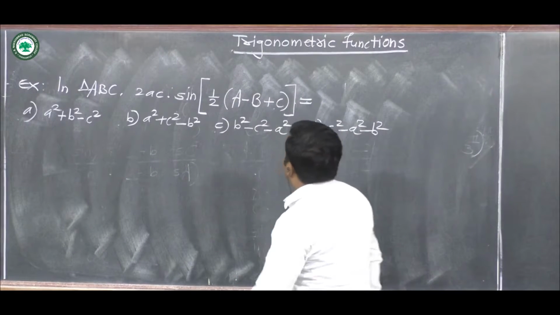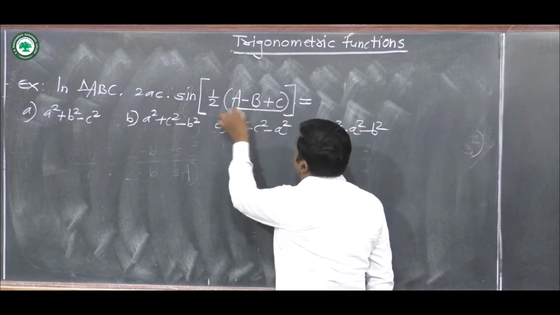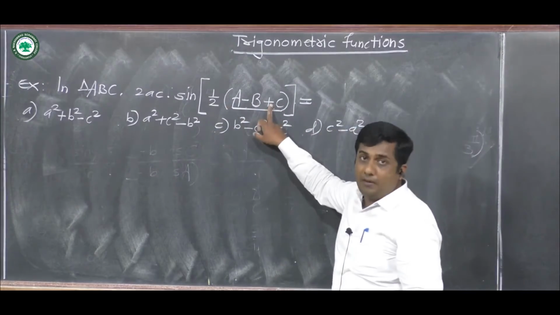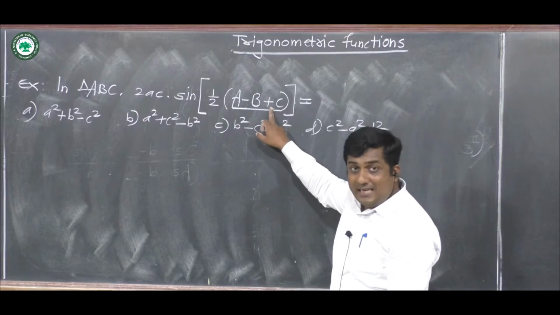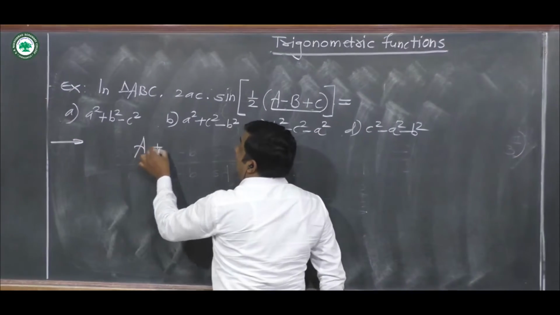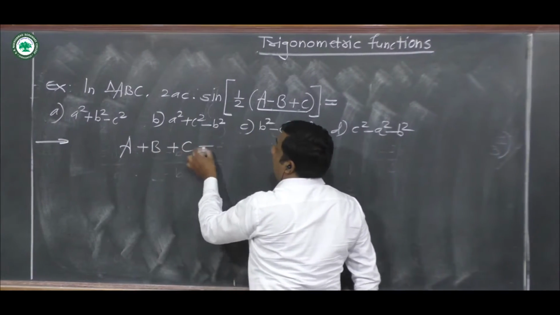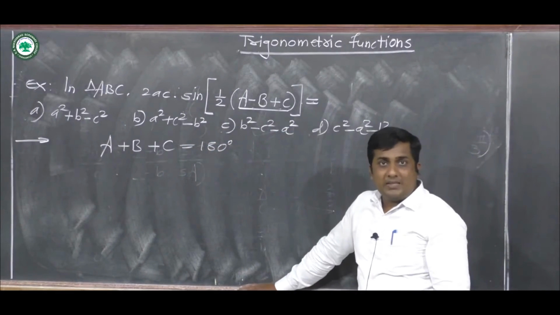Inside the bracket, remember what is given: A minus B plus C. Firstly, we have to find this A minus B plus C, and for this we know the sum of the angles in a triangle is 180 degrees.